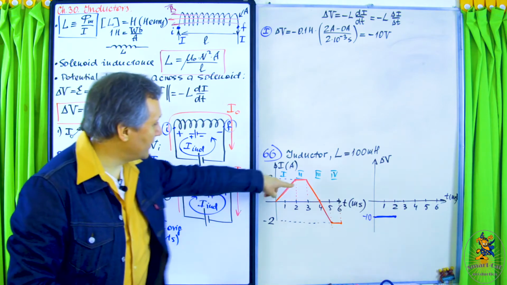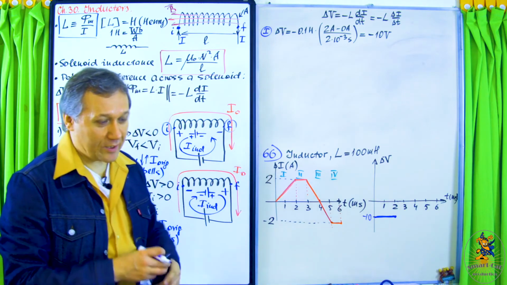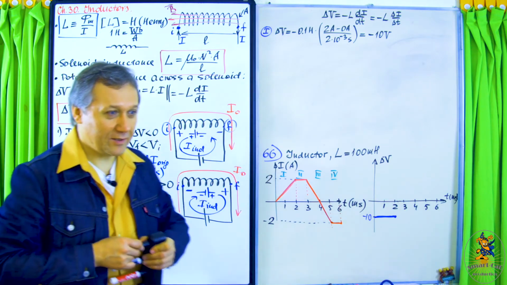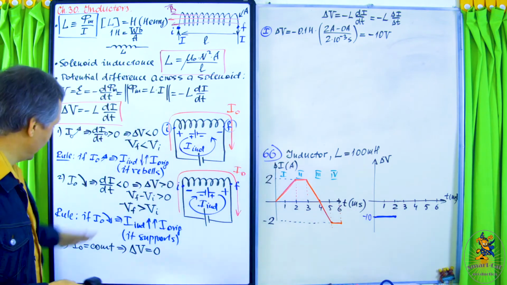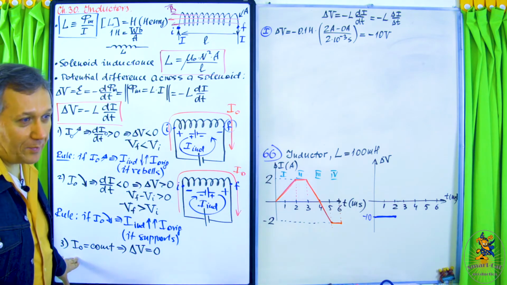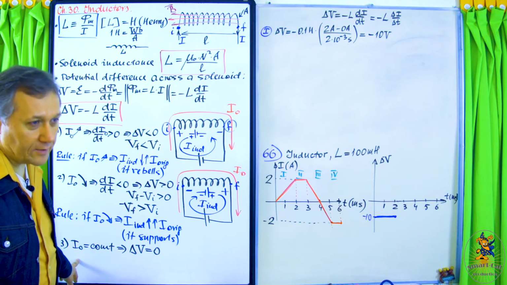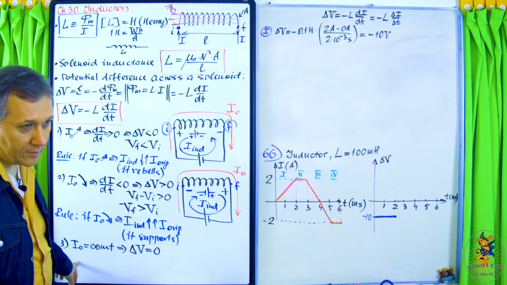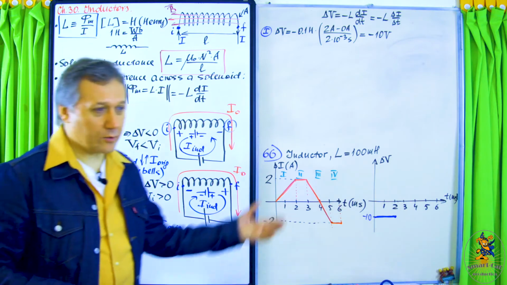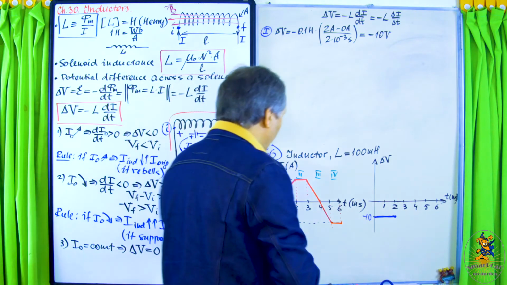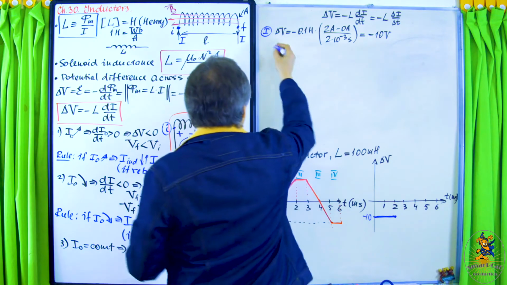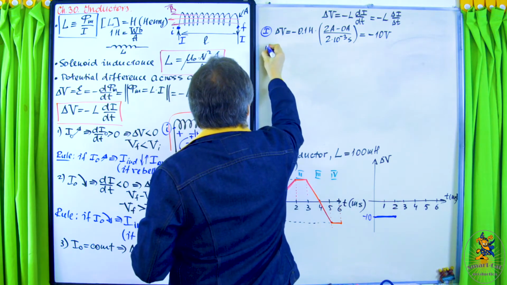Okay, so now next, the second section. What can you say immediately about the second section? Current stays constant. The solenoid is completely happy, right? It doesn't have to do anything because current doesn't change. So immediately I can draw, maybe I will write first, second section, right?